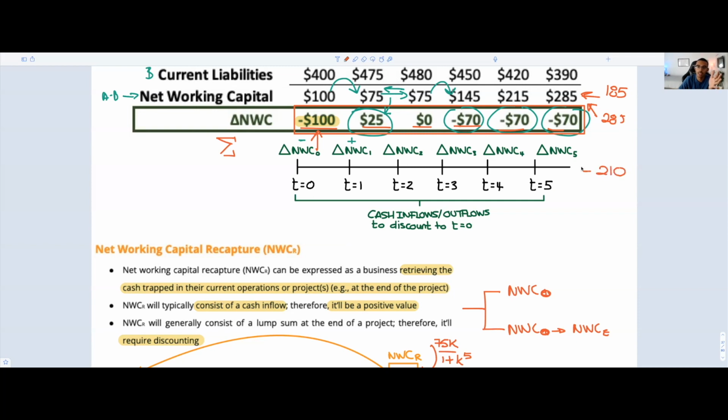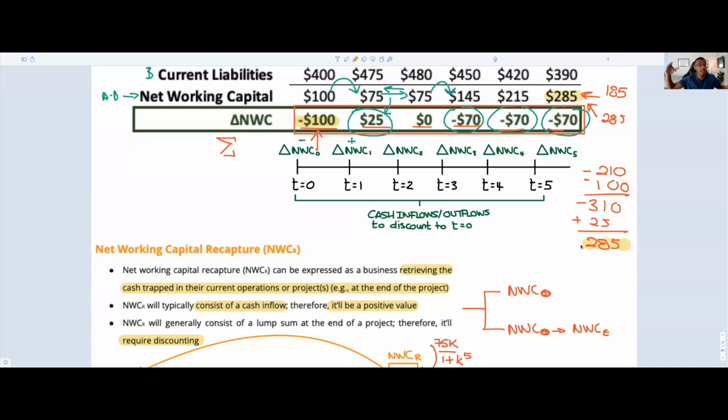You're going to get 210, minus 70, minus 70, minus 70. Plus, with this, you're going to have minus 100. You're going to have minus 310. I'm doing some quick math. And then this plus 25, you're going to get 285. And what's hilarious is that actually you're going to retrieve the last amount at the end of the project. Oh, look at that, quick proof.